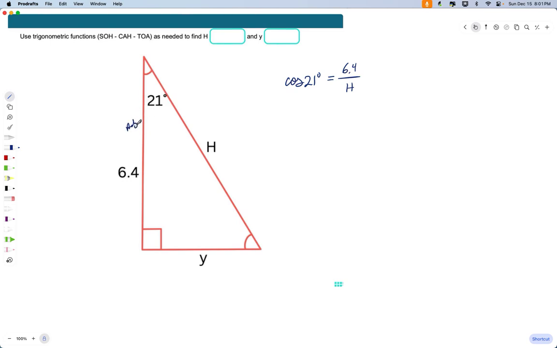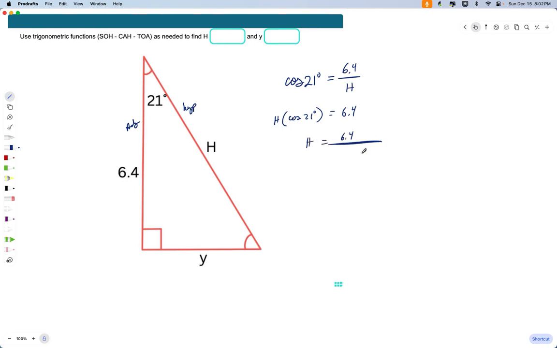So cosine is adjacent over hypotenuse. So we're going to multiply both sides by H. That gives me H times the cosine of 21 degrees is equal to 6.4. Divide both sides by the cosine. H is equal to 6.4 divided by the cosine of 21 degrees.